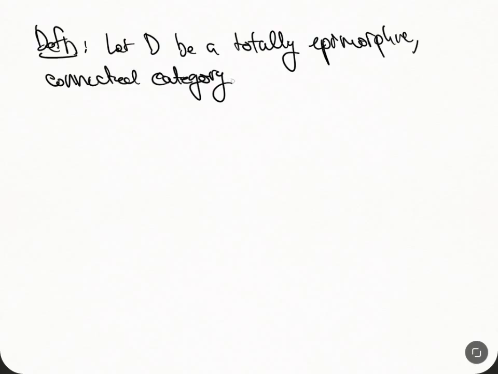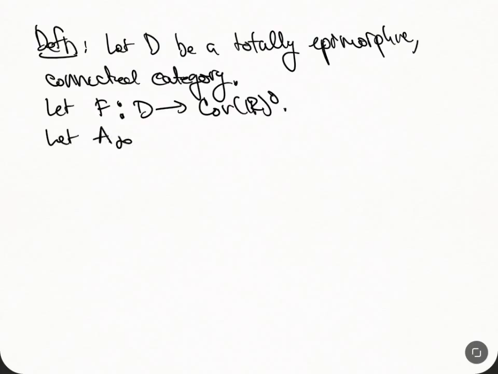Okay, so let D be a totally epimorphic category. We're going to take a functor to this stupid category of coverings. Okay, and let A infinity be the basic Archimedean Frobenioid.